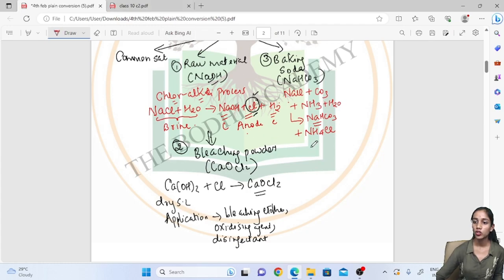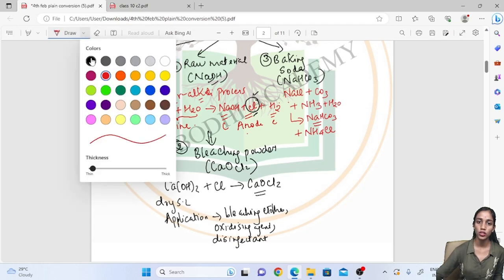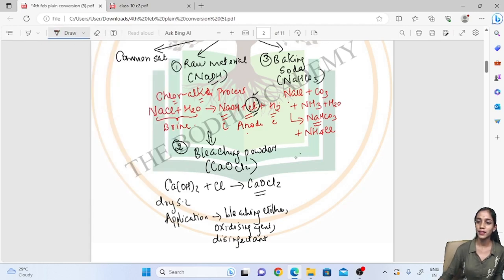When sodium hydrogen carbonate is heated, it leads to the production of sodium carbonate, and carbon dioxide is released. This gas released helps in making the pakoras crispy and fluffy. So this is the application of this gas.